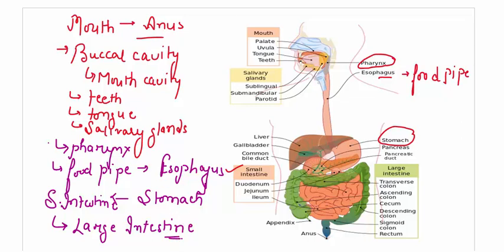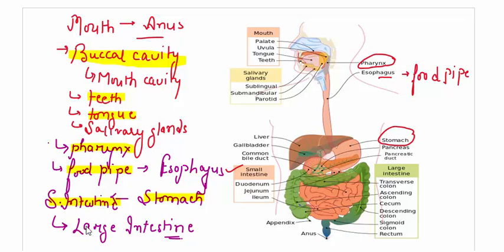These are the digestive organs. The mouth cavity, also called the buccal cavity, has the teeth and tongue along with the glands. After that, we consider the pharynx, then the esophagus, the food pipe, then the stomach, which is a J-shaped bag, and then the small intestine.